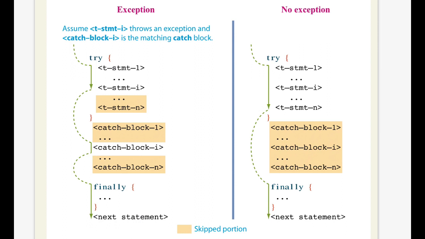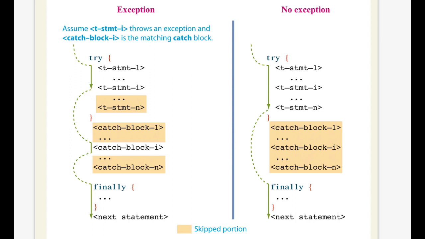So here you can observe. T statement i throws an exception and catch block i is the matching catch block. So here in the try block we are writing statement 1, statement 2, then like this statement i. When T statement i executes and throws one exception, the rest of the statements in the try block are going to be skipped.